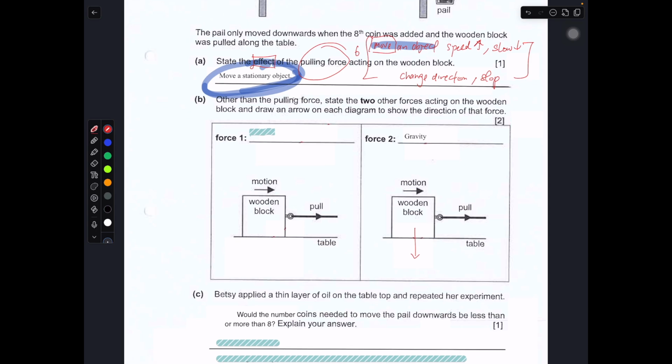Another force is called friction. Friction opposes motion or movement. So if the motion is in this way, the friction will be in this way. And why does it have to be here? Because it's between the table and the wooden block. So you have to draw it here, in this direction.